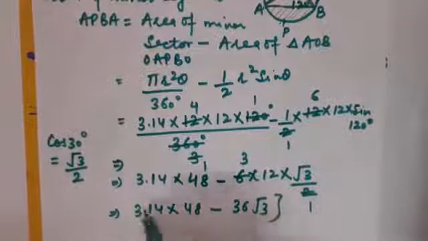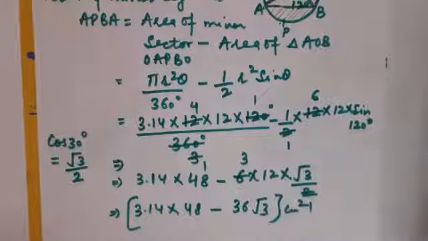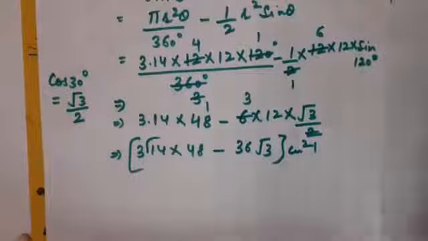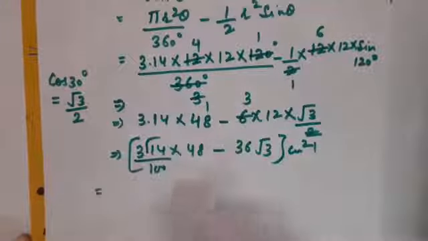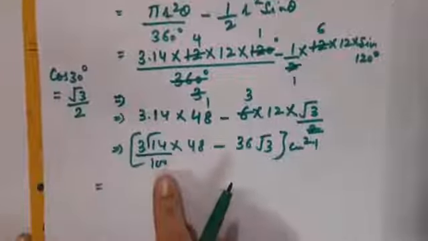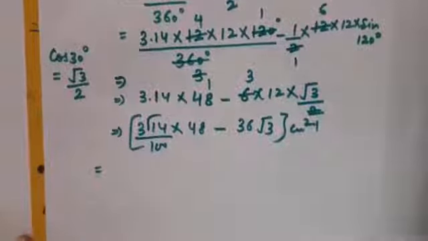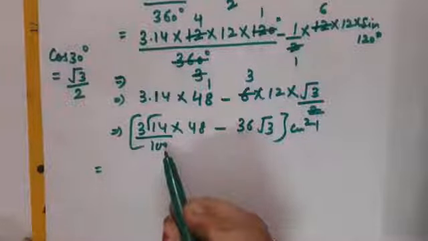And of course outside the bracket you are supposed to write centimeter square, because we are going to calculate area. Now children, I am removing decimal. It would become below 100. I would suggest that no need to cancel 100 with 48, otherwise the calculation will become a little difficult. This 100 will help us to put decimal.